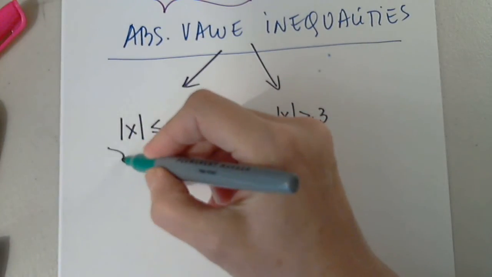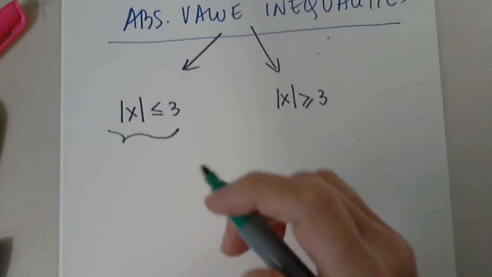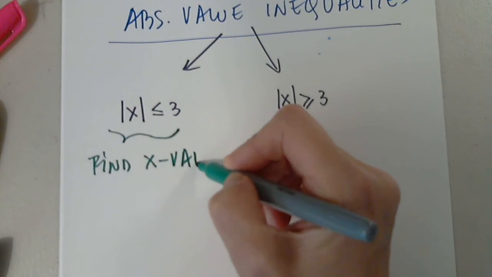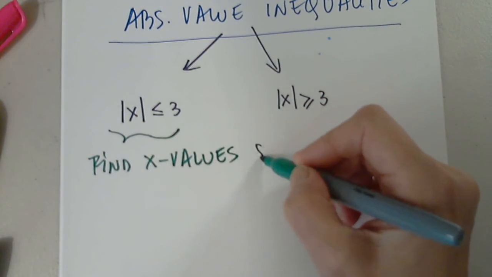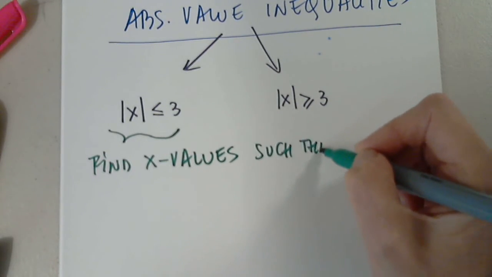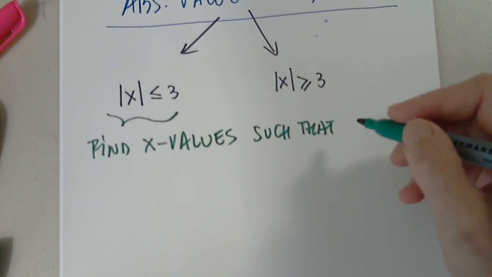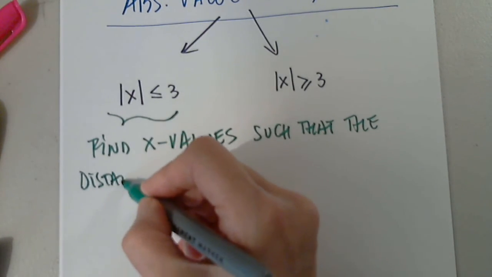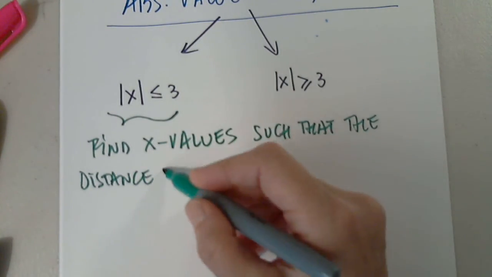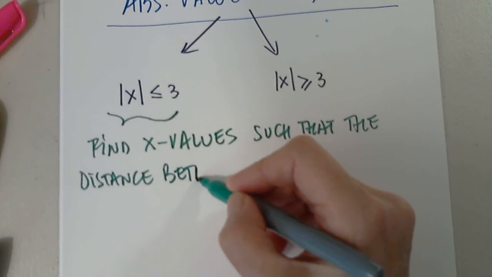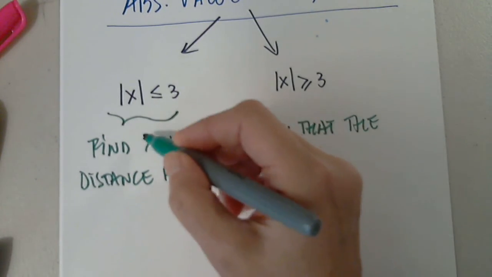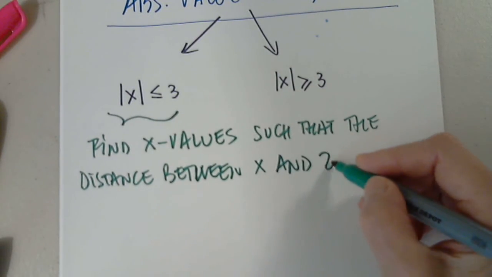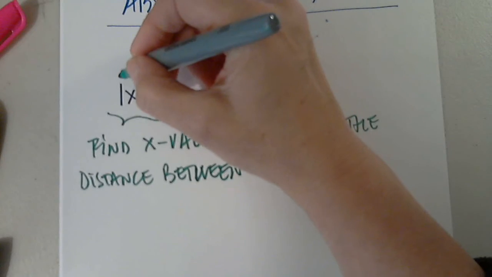What does this really say? It says find x values such that the distance between x and 0, these x values and 0, which is this.